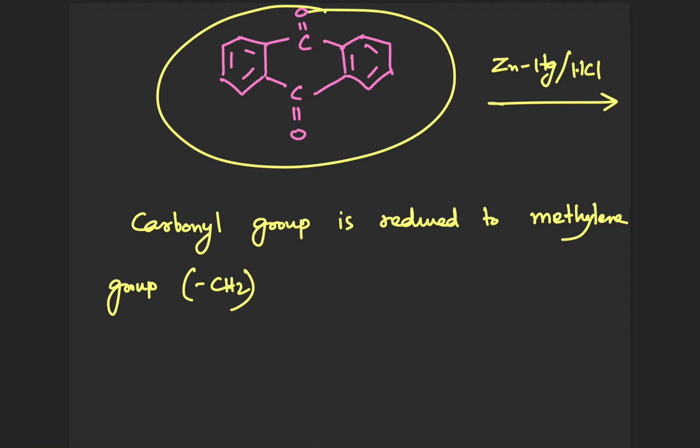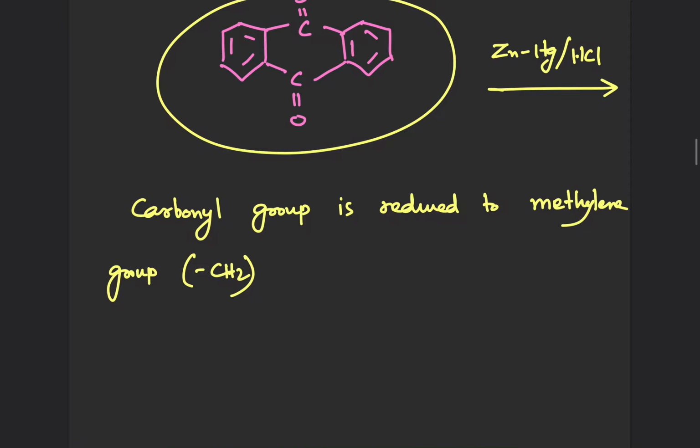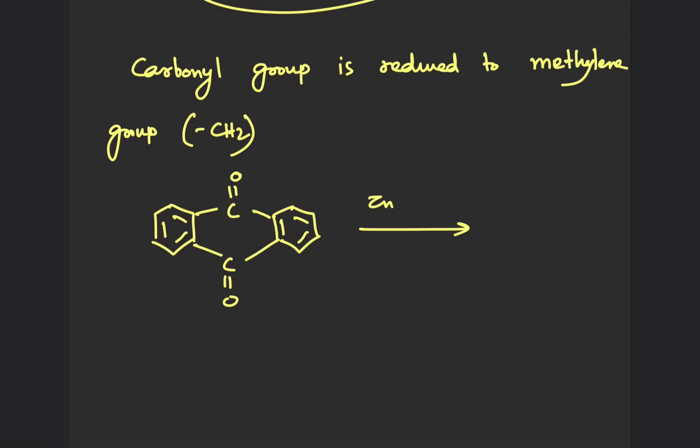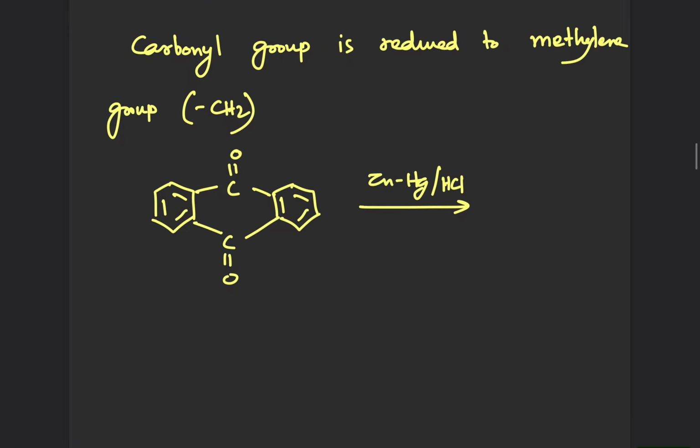Okay, so therefore, with respect to reaction, this guy, C double bond O, in the presence of ZnHg HCl will give me benzene ring, CH2, CH2.